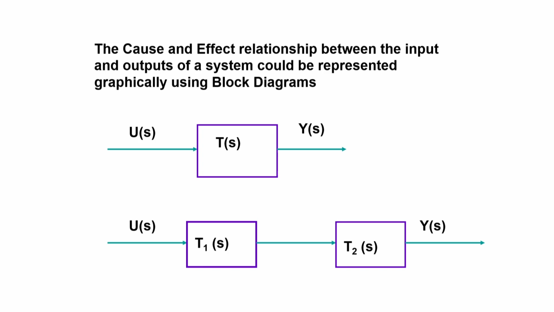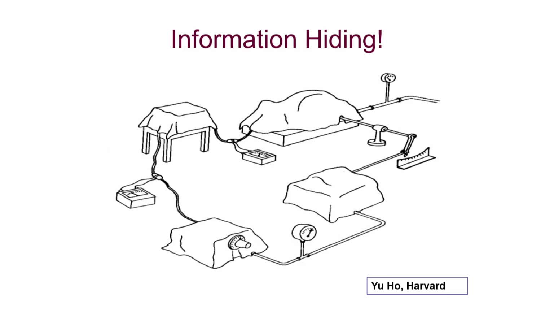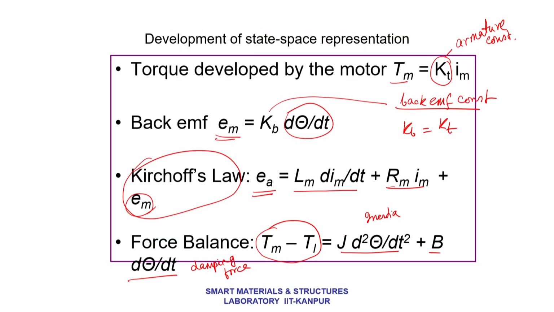That means a certain input is hitting the system and a certain output is coming out of it, Us creating Ys. Just like in my last problem, the output of the system is in terms of this Tm minus TL, the net torque.